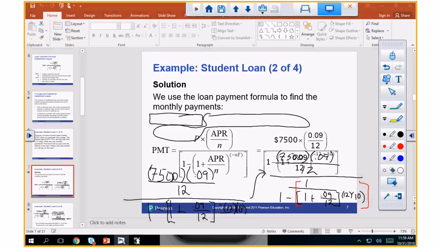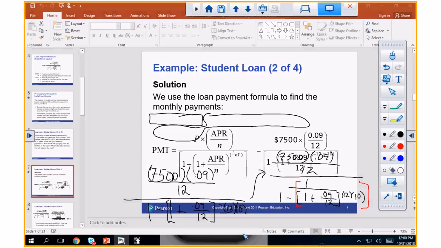Because see this right here, the negative nt, that goes with this. So this is over 1. It's got to be 1 minus this. I didn't have my parentheses in the right place. Sorry, that's my fault. That's nothing to do with y'all. That's something I did.